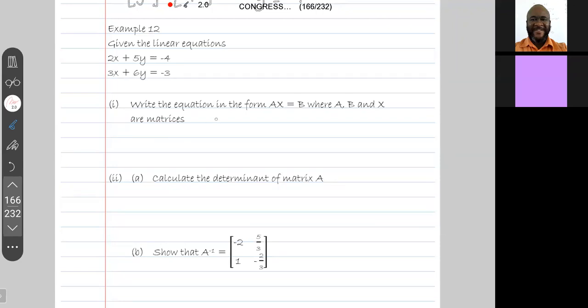So everybody should remember that A would be the coefficient matrix, 2, 5, 3, 6. And X is the column matrix with elements X, Y, and this is equal to B, which is -4, -3.